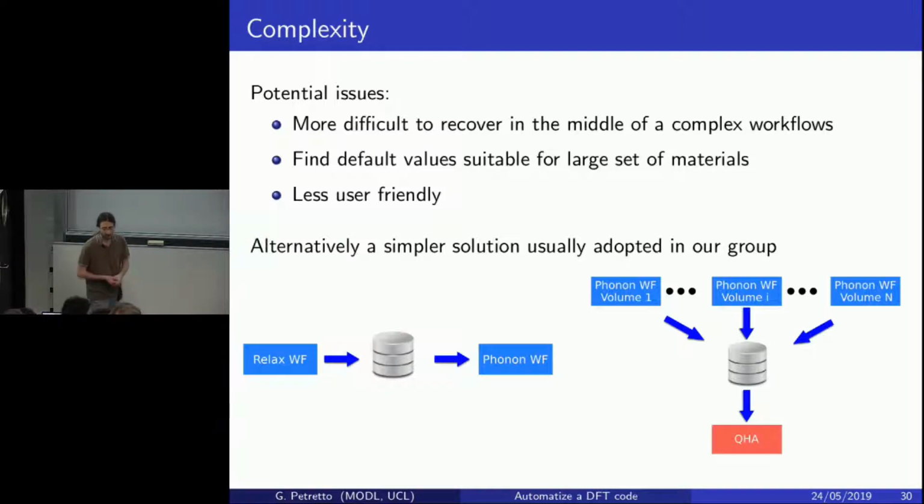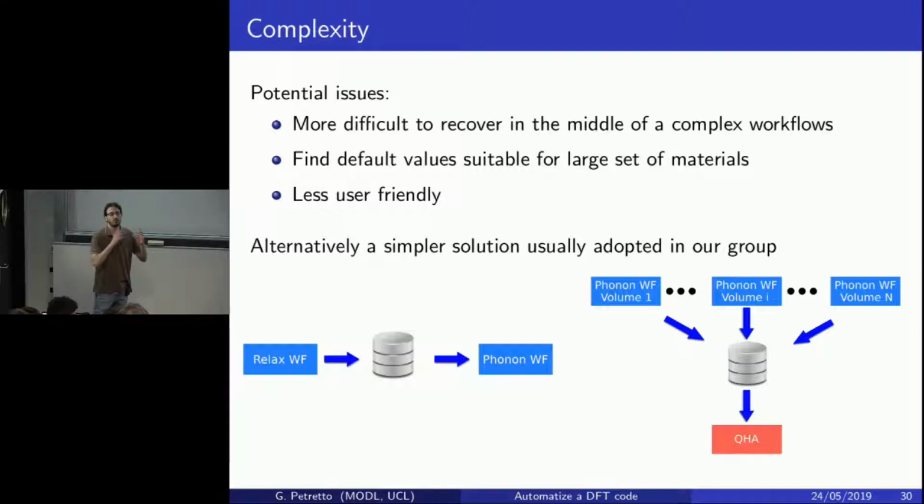So basically, what I usually do and how we usually deal with this is that we split the workflows anyway, and we run workflows with the relaxation. We store all the results in the database. This is still perfectly fine for us when doing high-throughput calculations.